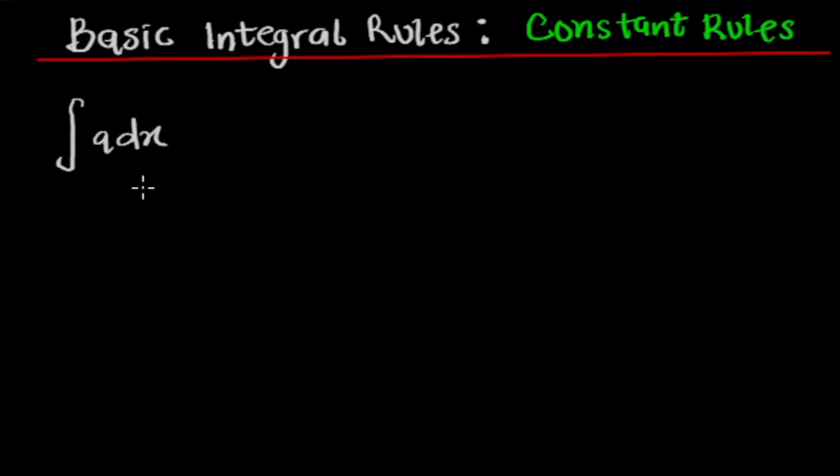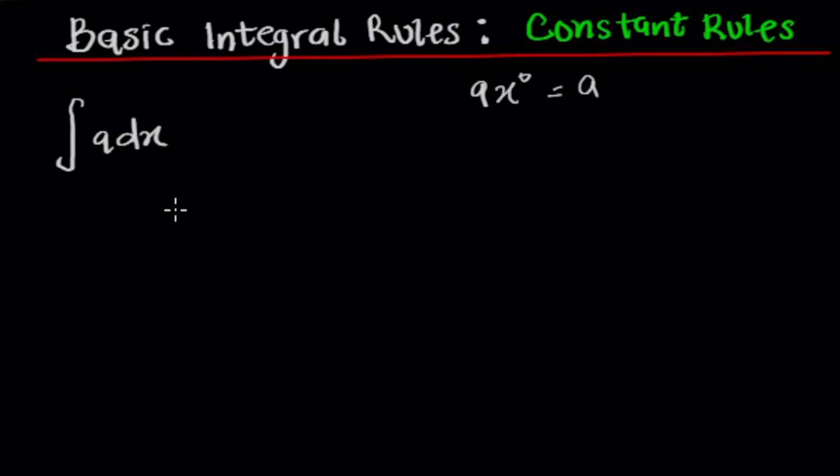It is a constant since the power of x here is raised to power 0, and anything raised to power 0 is 1. So everything here is the same as just writing a. So a is actually a constant here.